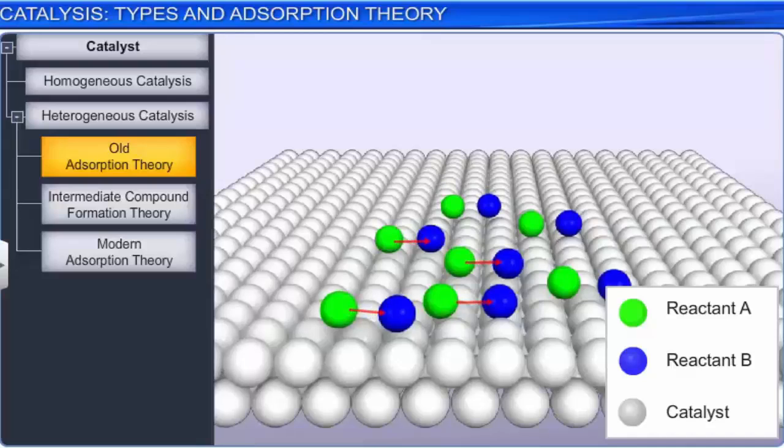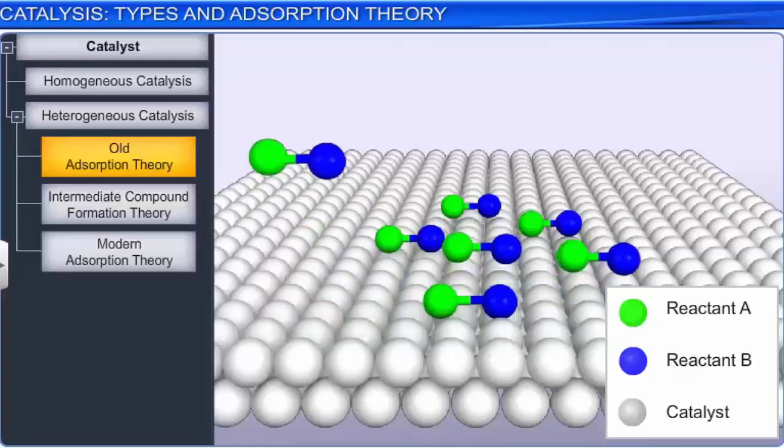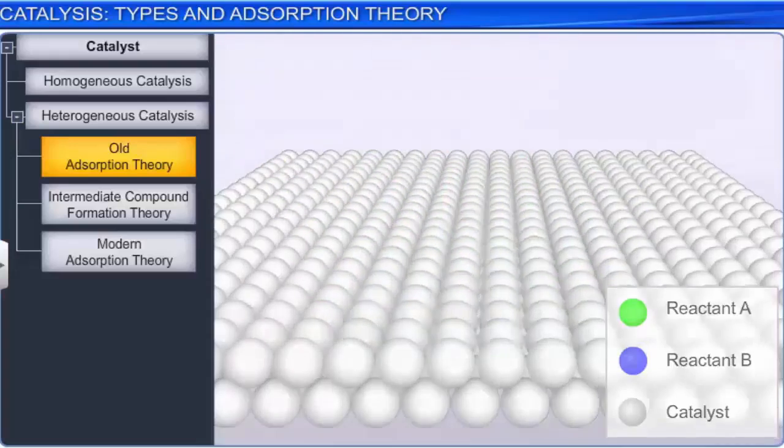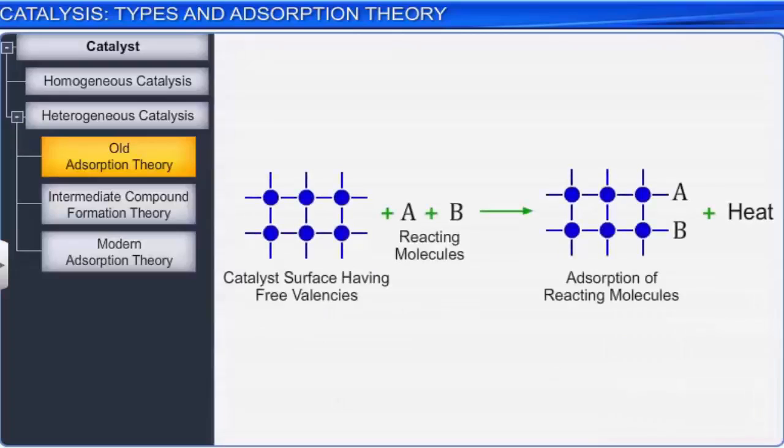The relative ease with which the product is separated from the surface of the catalyst helps a continuous chemical process to be initiated. Also, as adsorption is an exothermic process, the heat evolved in the reaction helps to speed it up.